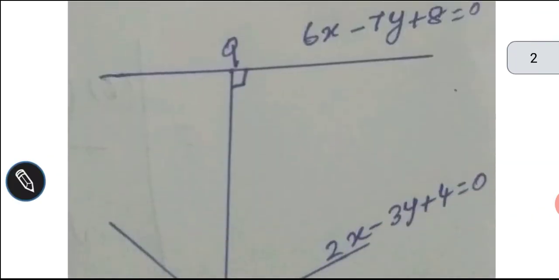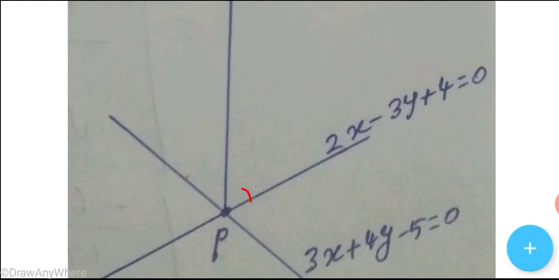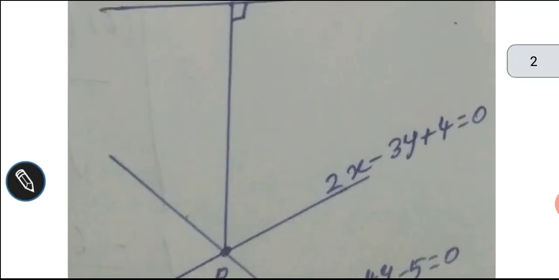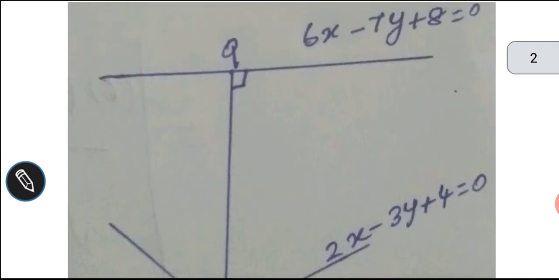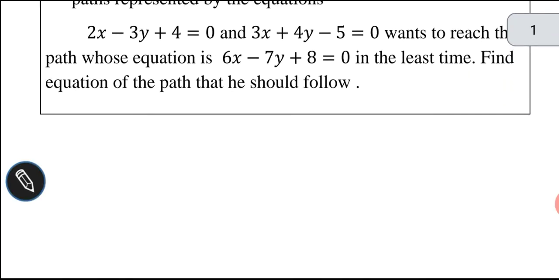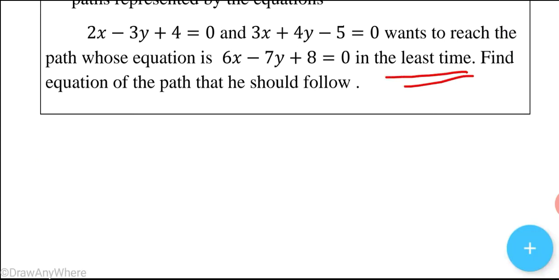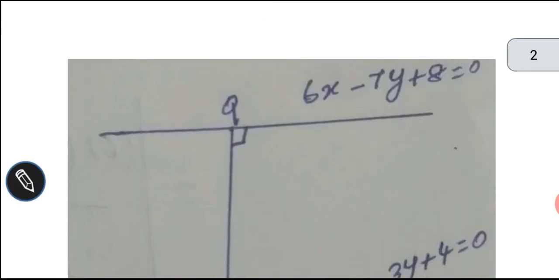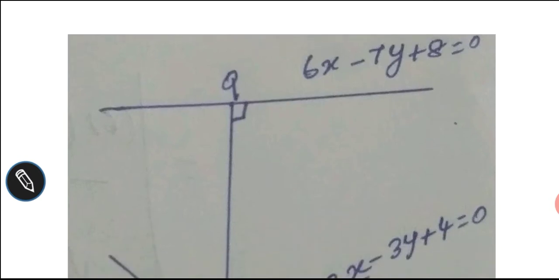Note that the person is now at point P, which we have calculated, and he wants to reach the line or path 6x minus 7y plus 8 equal to 0 in the least time. He has to reach the line in the shortest time.